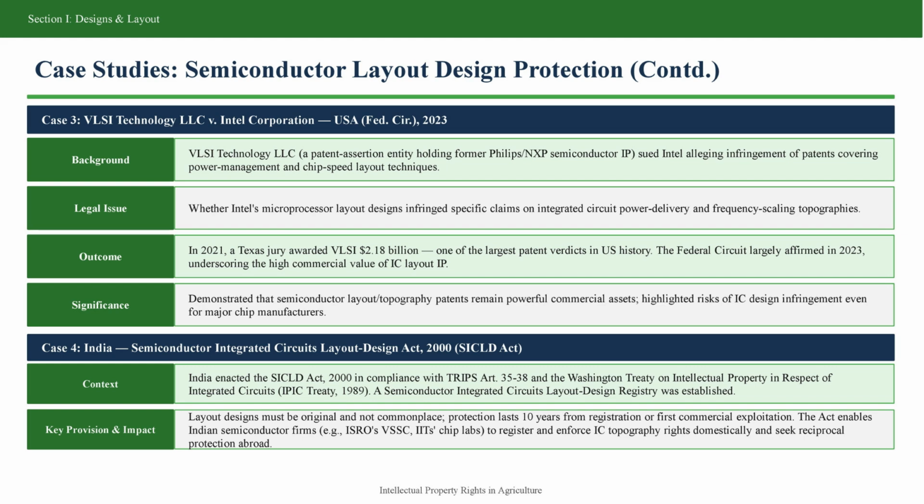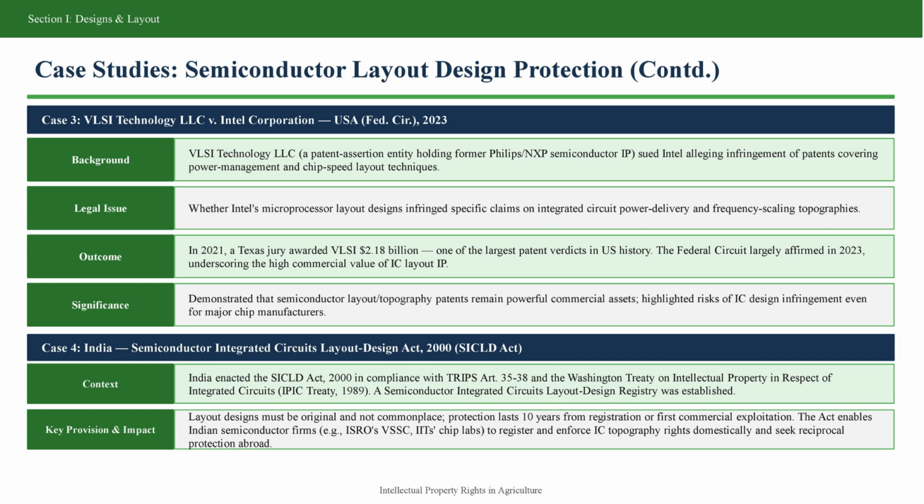Case 3. VLSI Technology, LLC versus Intel Corporation, USA, Fed. Circ. 2023. Under background, VLSI Technology, LLC, a patent assertion entity holding former Philips/NXP semiconductor IP, sued Intel alleging infringement of patents covering power management and chip speed layout techniques.